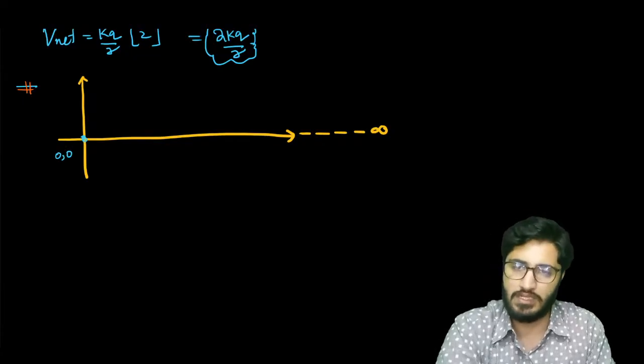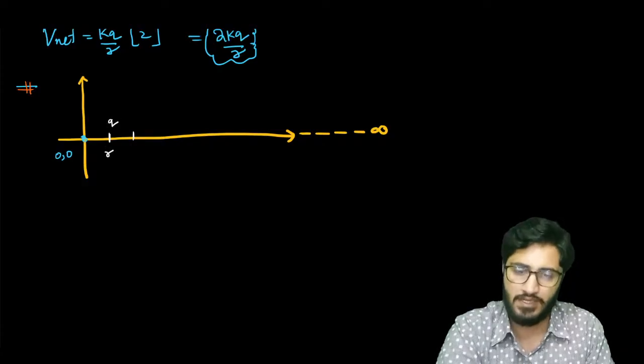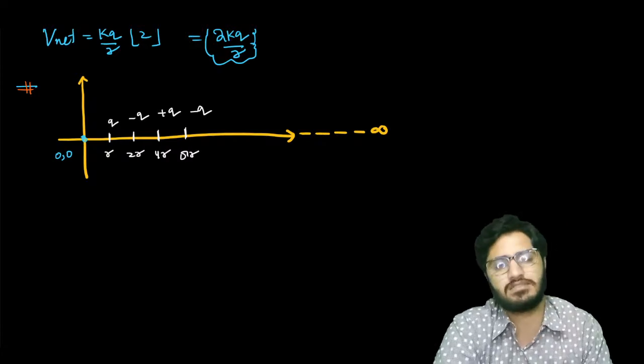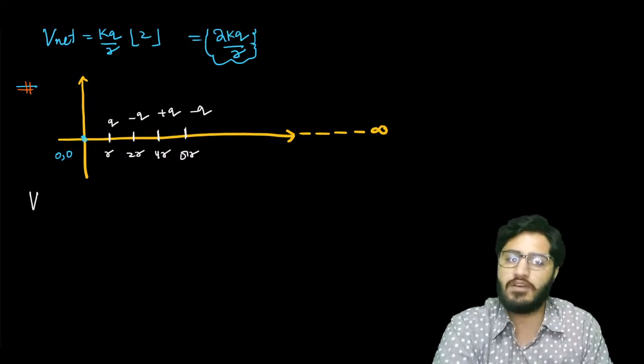You can see here, the first charge is q, distance r. The second charge is minus q, distance is 2r. The third charge plus q, distance is 4r. Then it is minus q, then it is 8r. Then 16r as usual. So what will be the V net?